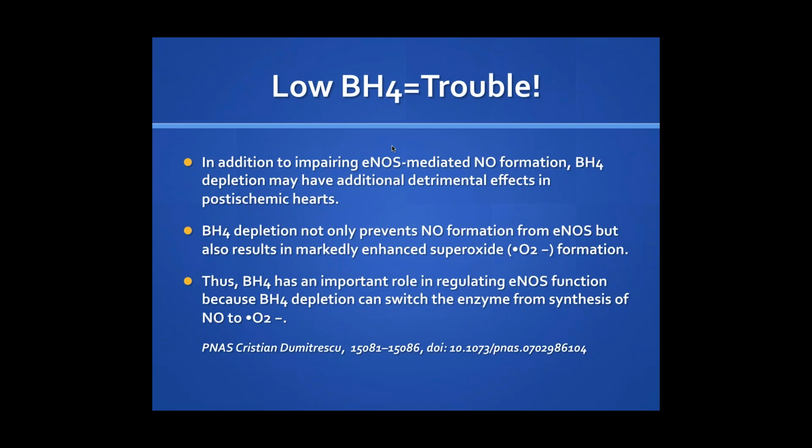And that, again, remember, that's our bad guy, our free radical molecule. So thus, BH4 has an important role in regulating endothelial nitric oxide synthase function, because BH4 depletion can switch the enzyme from the synthesis of nitric oxide to superoxide.